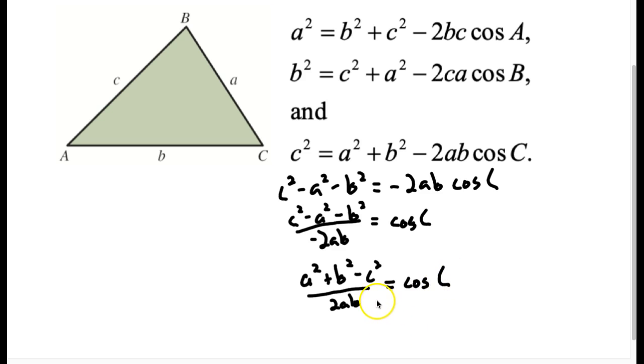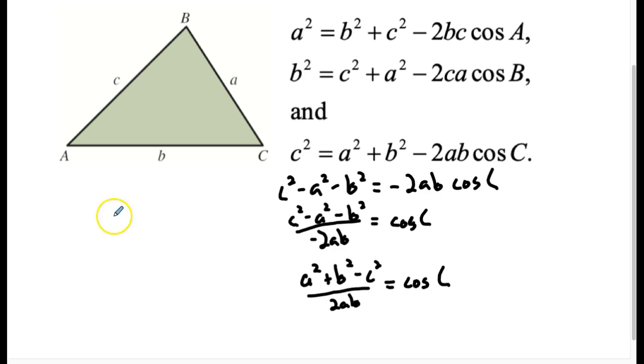Okay. So as long as we know this version of the law of cosines, we can use that to solve for an angle as well. It doesn't matter if we use this version or this version. But the goal now is to solve for an angle using the law of cosines.